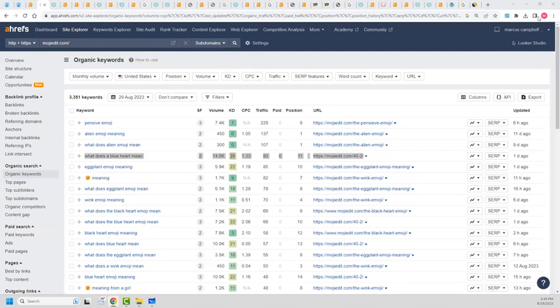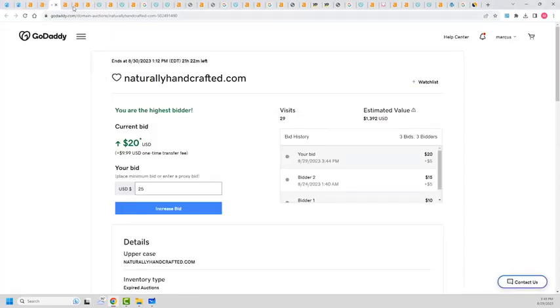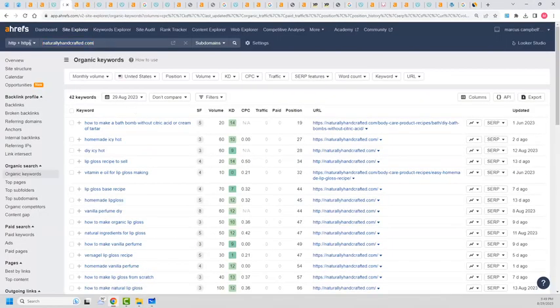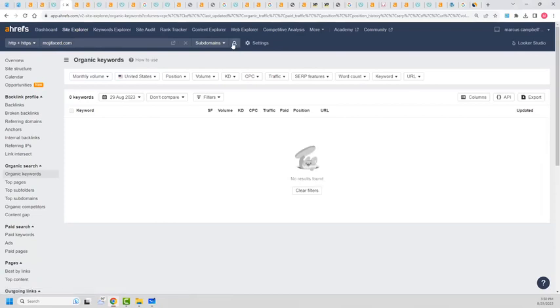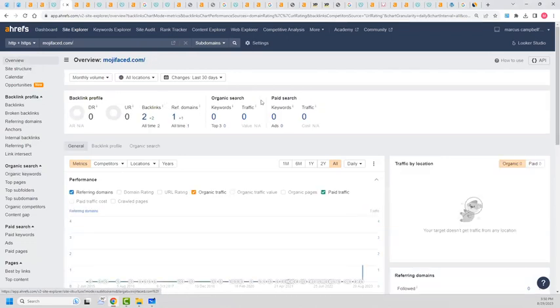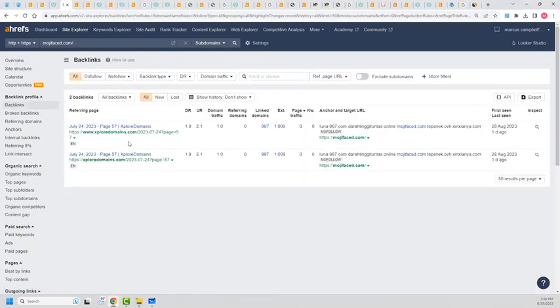Emoji faced. Okay, and is it new? I'm talking brand new, nothing on it. Nothing? Okay. Backlinks, okay, so these are just from when you bought this back in July. So it's a brand new domain.